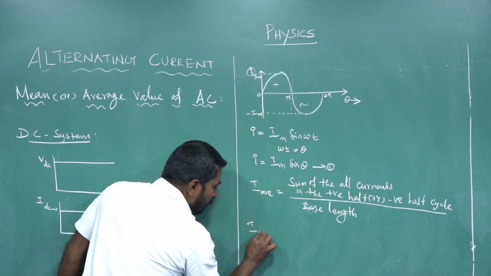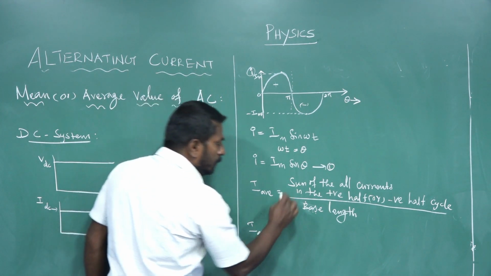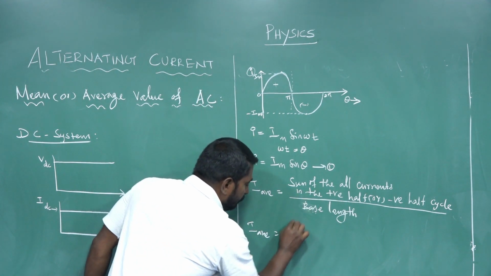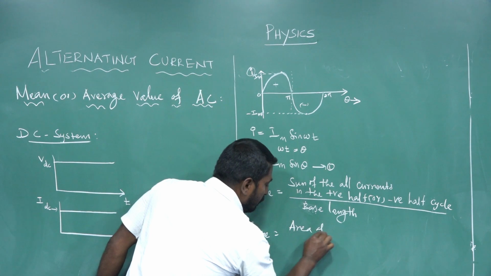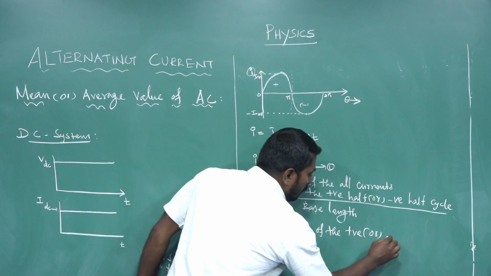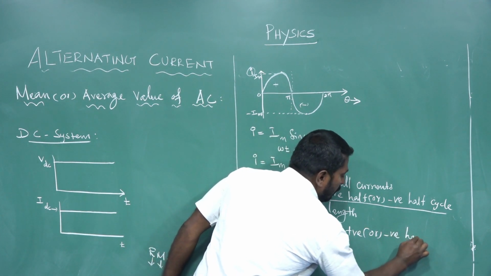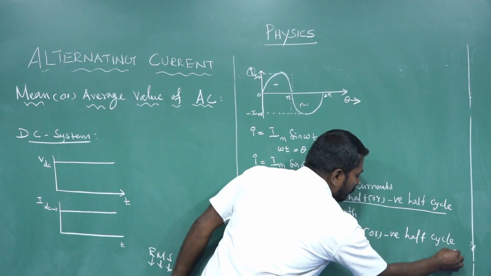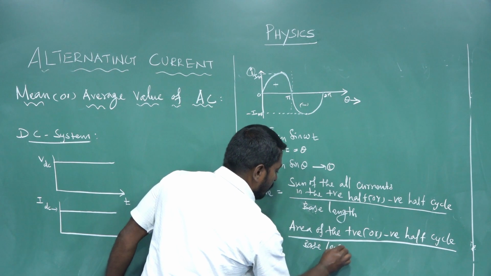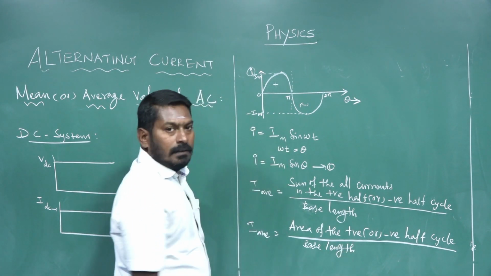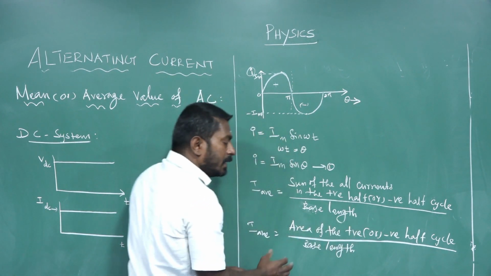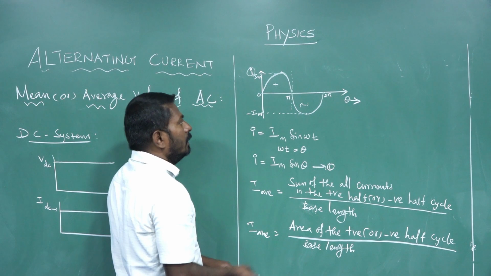So the average value of alternating current is equal to the area of the positive or negative half cycle divided by the base length. How are we going to measure the area of the positive half cycle or the area of the negative half cycle?